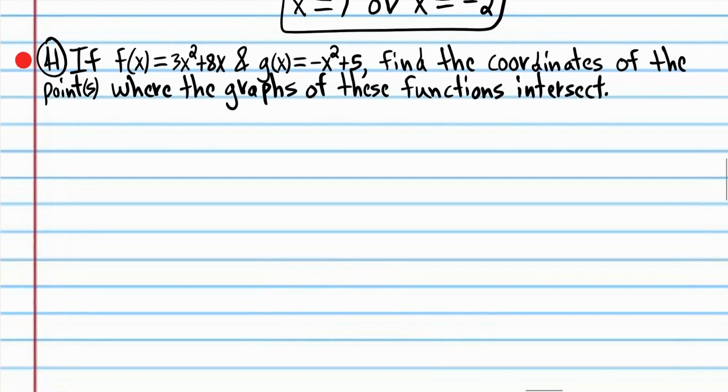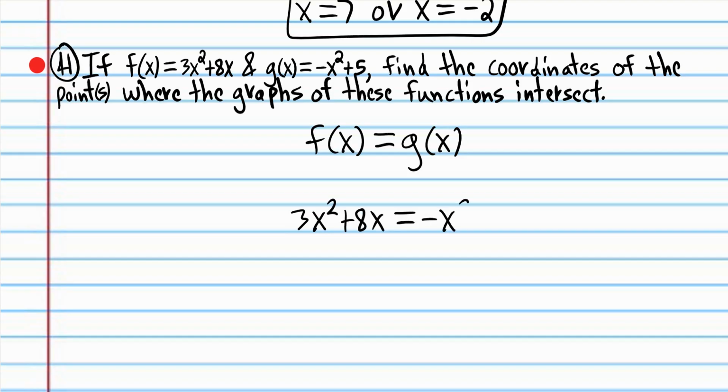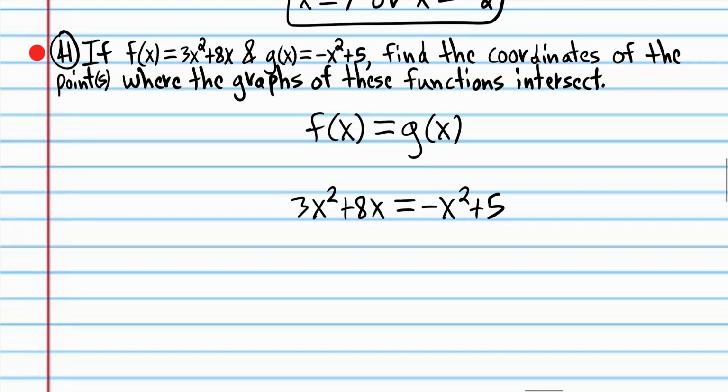So we want the y values to be equal to each other because that's going to give us the points of intersection. So f of x is 3x squared plus 8x, and g of x is negative x squared plus 5.